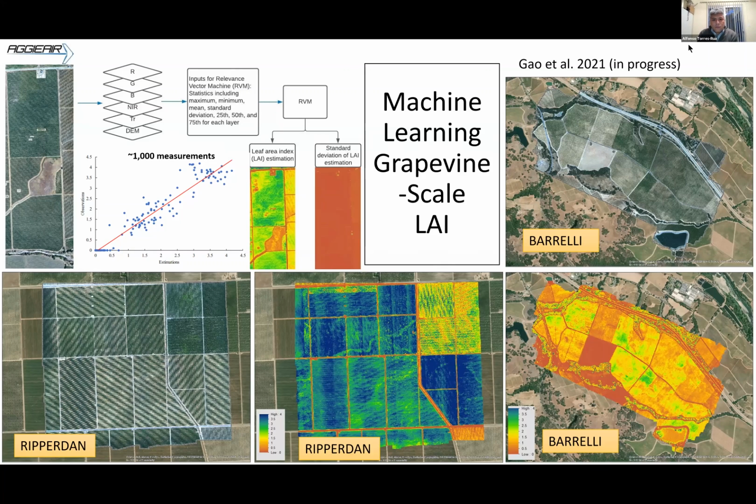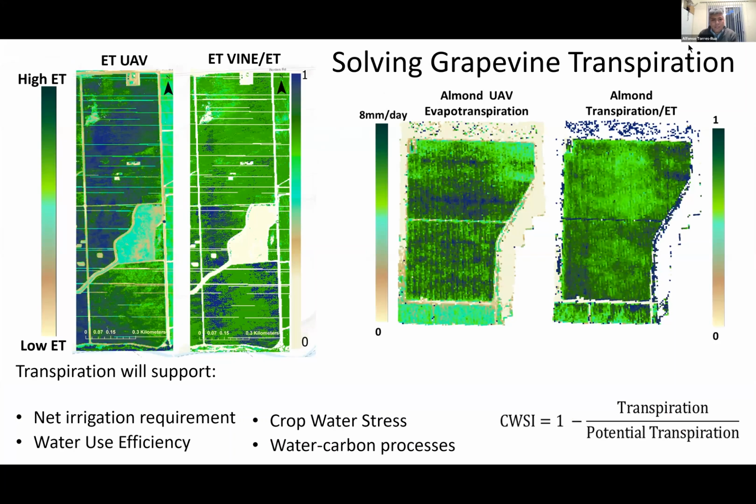We're getting closer to the end of my presentation, and this is an example of how evapotranspiration and transpiration are provided by the two-source energy balance model. We have two examples here. On the left, we have a map of evapotranspiration and transpiration.